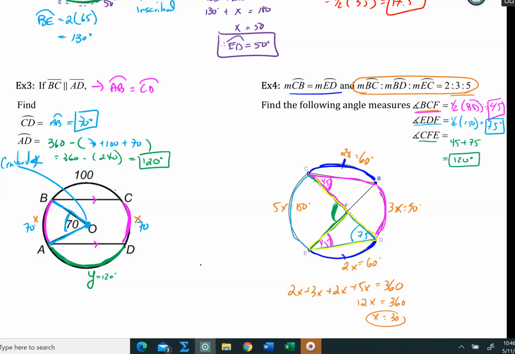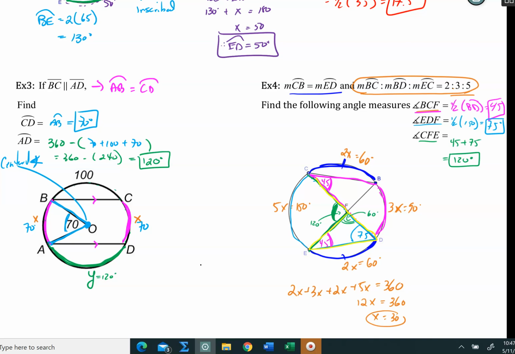Now, if you didn't catch that, you could have figured out what this angle is here and then say that the angle we're looking for is the supplement of that. You would have gotten this angle to be 60 degrees here, and then that obviously would have gotten me this one here, which is 120, which we just found. Again, whichever variation of that situation you like is fine.